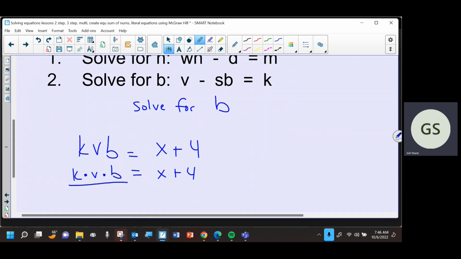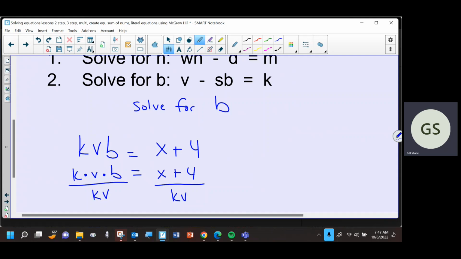So we would divide, but we would actually divide by the k and the v, both of them, because they're both being multiplied times the b. So it's really the same problem. It's just instead of dividing by one variable, we're dividing by both of the 2 variables. Or you could even think of it as dividing individually. Well, first I need to divide by k, so I divide by k.